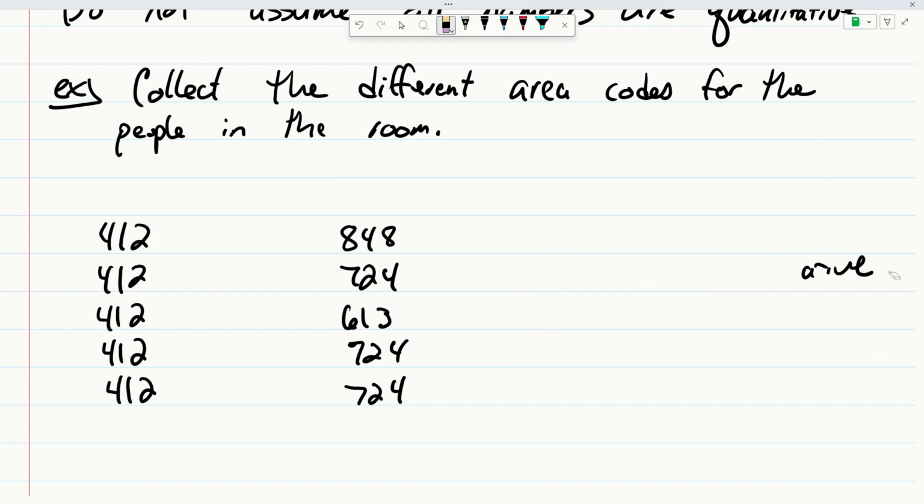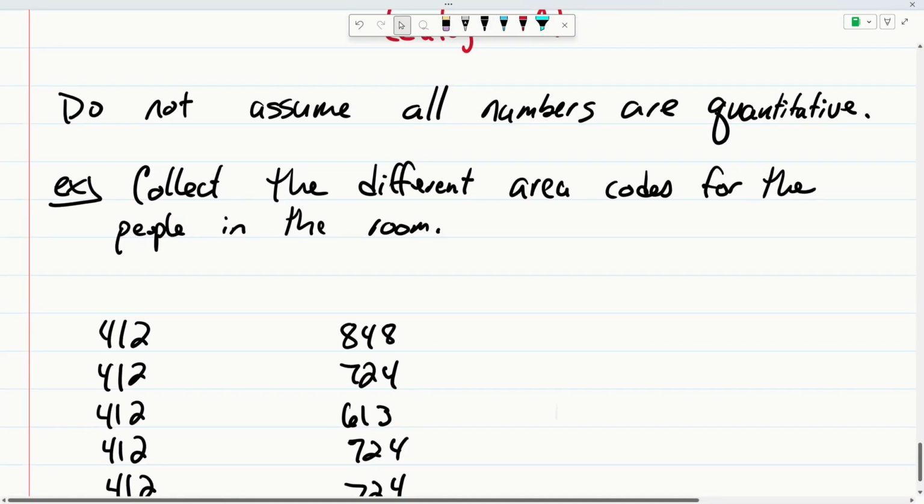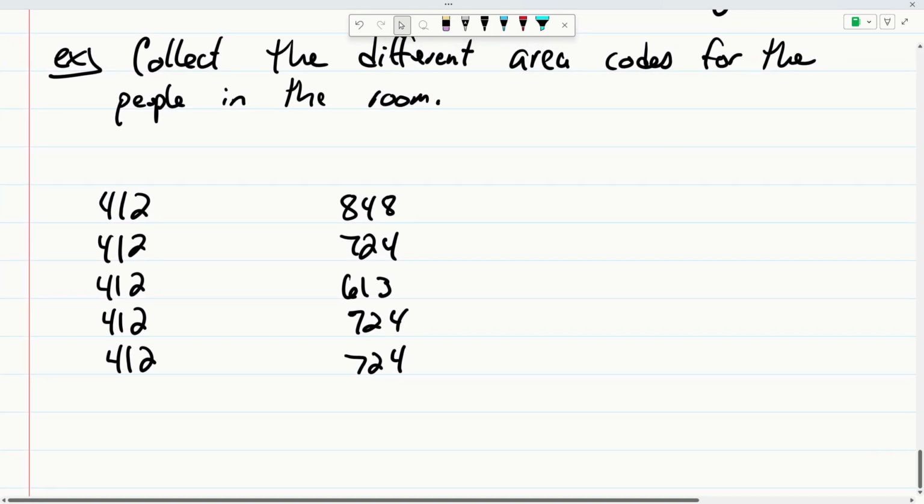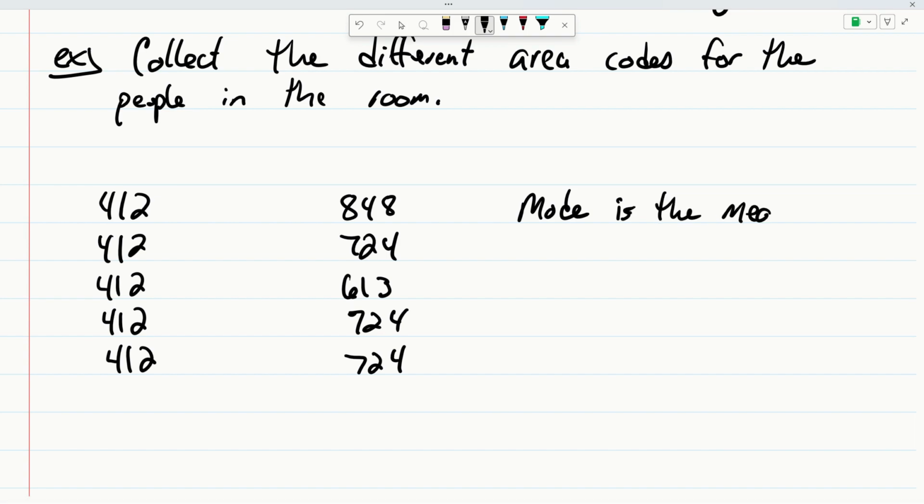Now, in this scenario, the mode, and as we defined it above, actually, I didn't even define it above. The mode is the measurement or number repeated the most. And I did define that. I defined it all the way at the beginning of this.